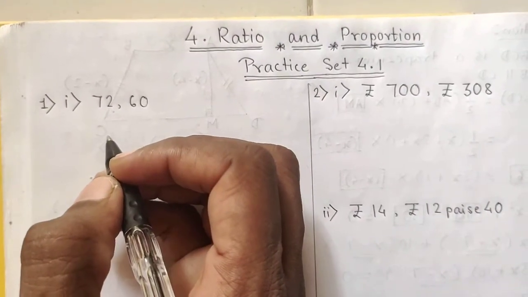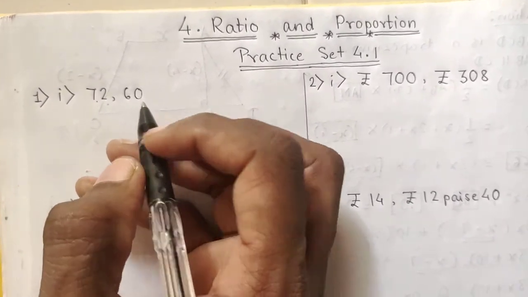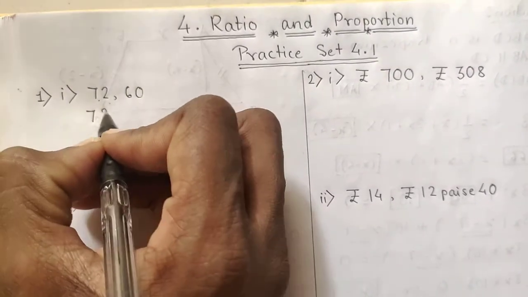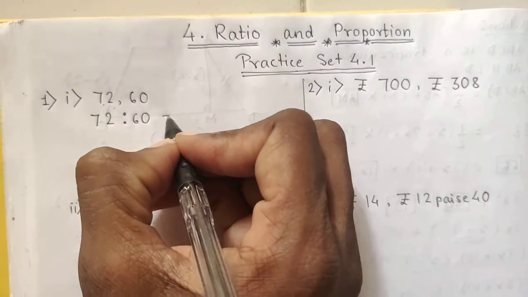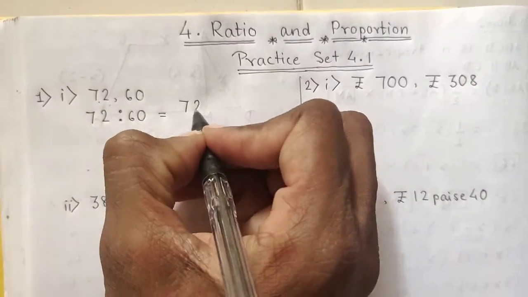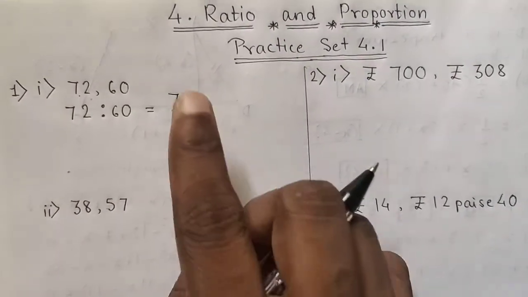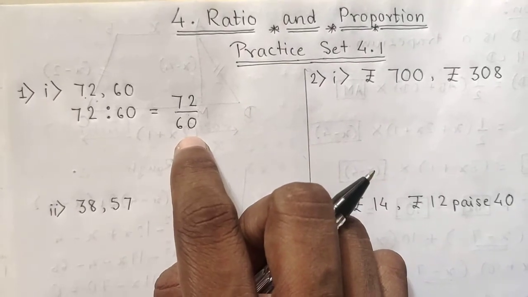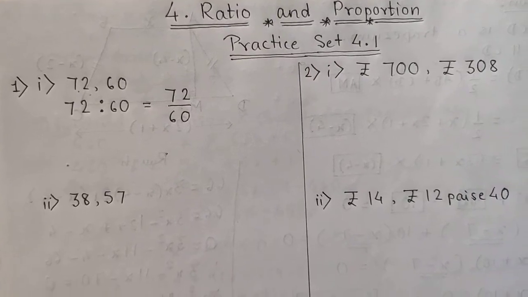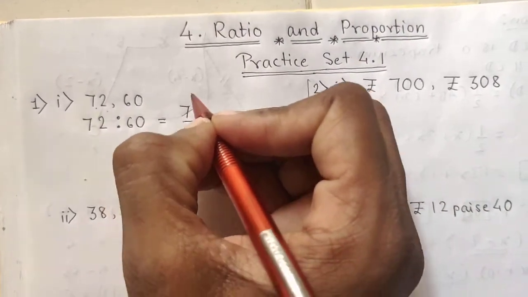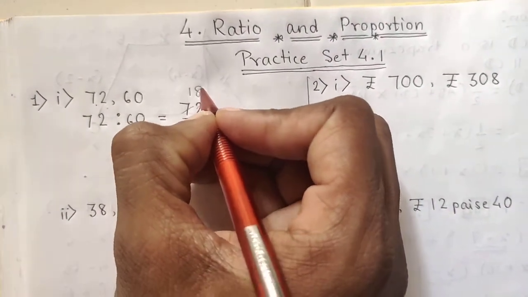First, we are going to find the ratio of 72 to 60. That is 72 is to 60. Now let us simplify this. This is 72 upon 60. Now you have to do the cancellation. You can see both are divisible by 4, so let us do cancellation by 4. 4 ones are 4, so 3 is remaining; 4 eights are 32.